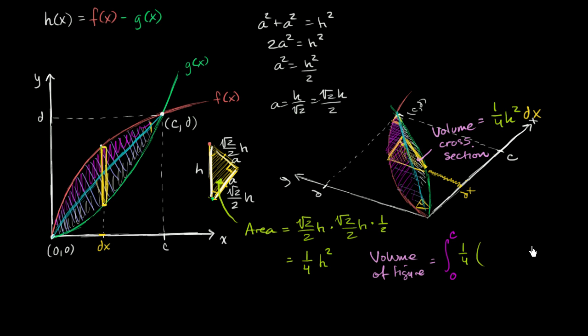But we know that h is equal to f of x minus g of x. So instead of h, I'm going to write f of x minus g of x squared dx. And we're done. We just found a definite integral expression, I guess you could say, for the volume of this strange figure that we have defined.